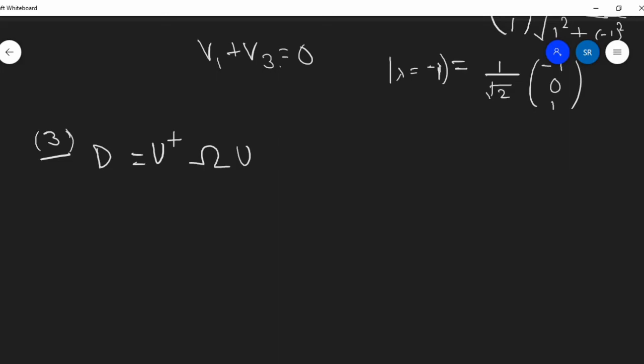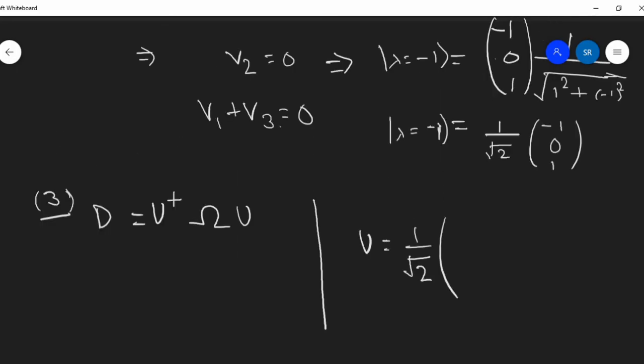Now that we know that this thing gives us a diagonal, that should mean that these two U's are actually a part of this matrix. And in the question it already says that it is made of the eigenvectors. So U is essentially 1 by 2 times, now this is going to be a bit tricky, all the eigenvectors combined. And it's not addition, might I add. What are our eigenvectors?